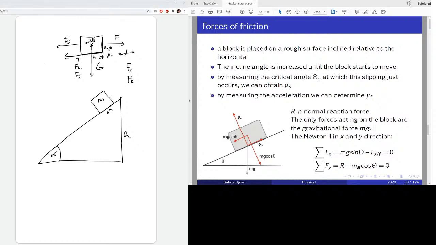I want to solve the equation, so I want to know how this body moves. So at first, there is a weight. We have to calculate the g parallel and the g perpendicular, and right now for the static or kinetic friction.